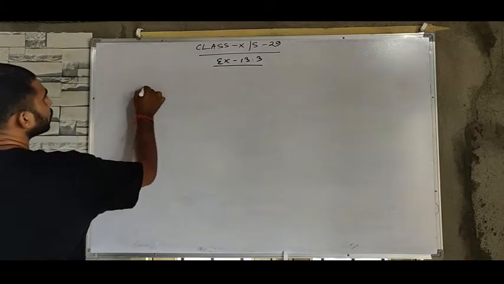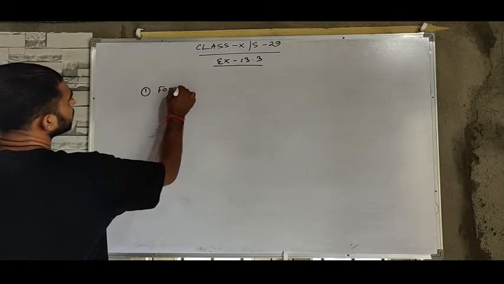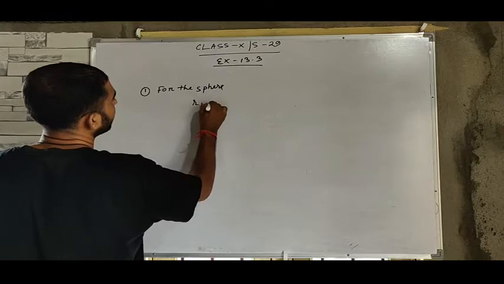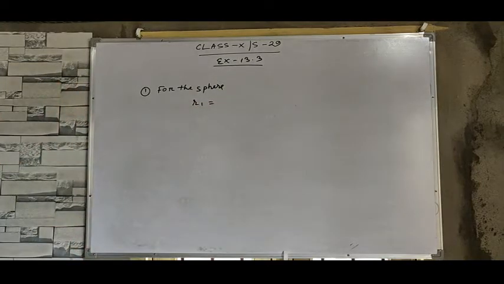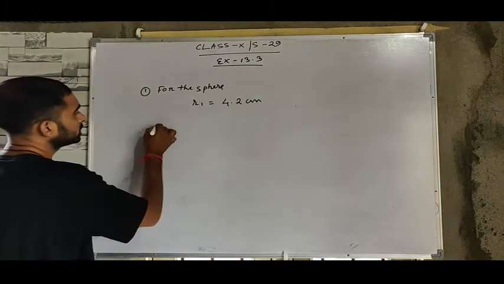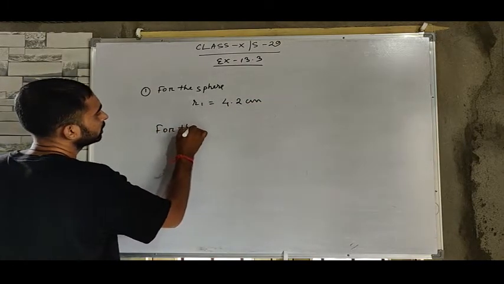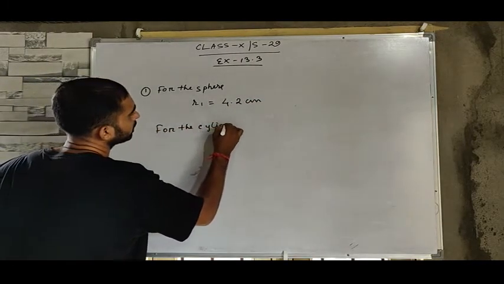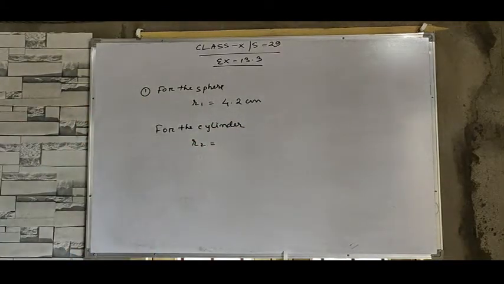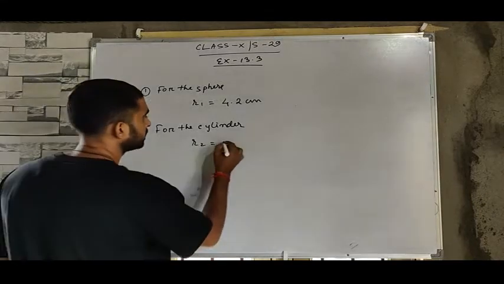Question number 1. For the sphere, suppose radius r1 equals 4.2 cm. Then for the cylinder, radius r2 equals 6 cm.